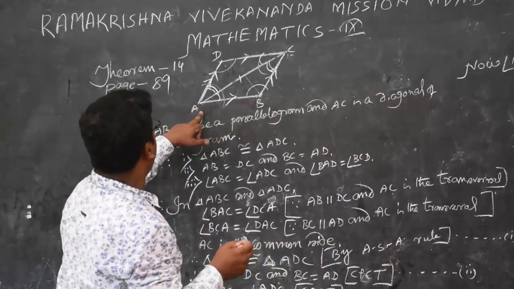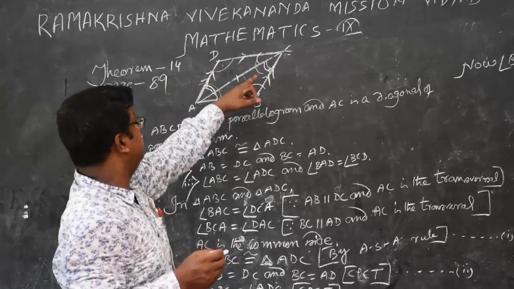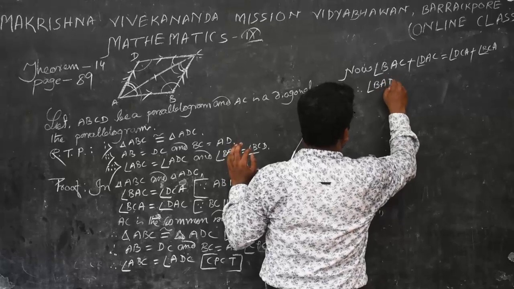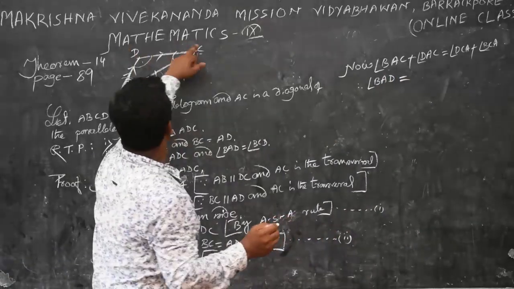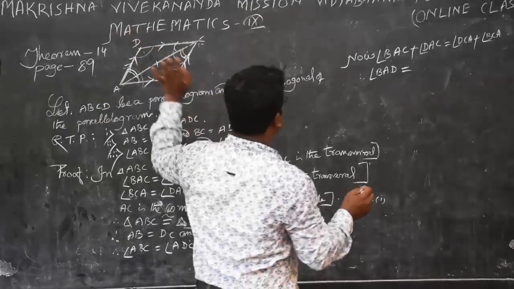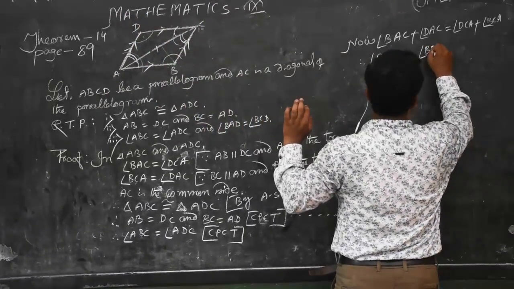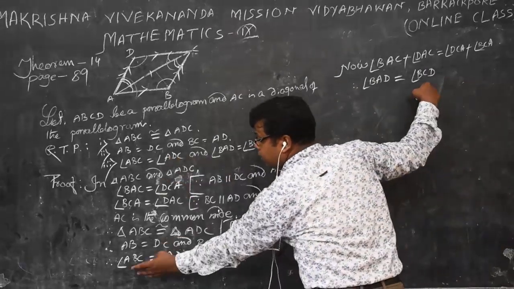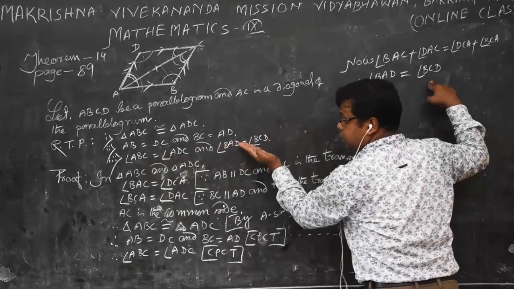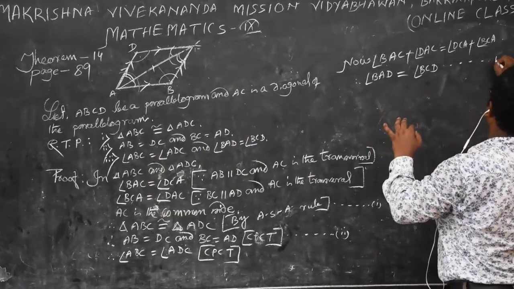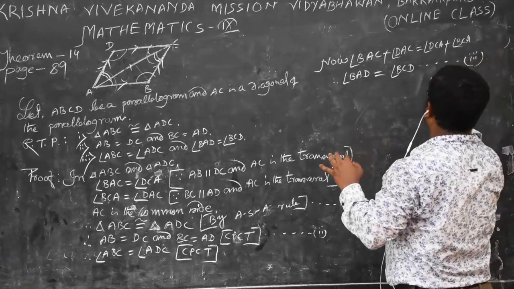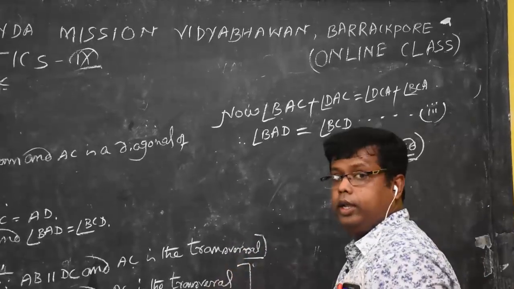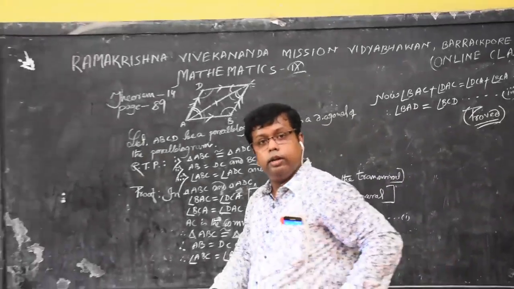BAC plus DAC is BAD. Therefore, angle BAD equal to DCA plus BCA, that is angle BCD. It is the second part of the third proof. So the theorem is proved. Here you have to write proved. It is theorem number 14. Clear?